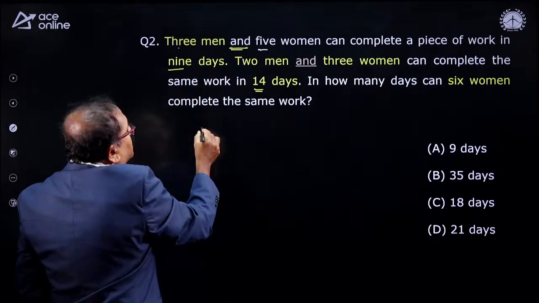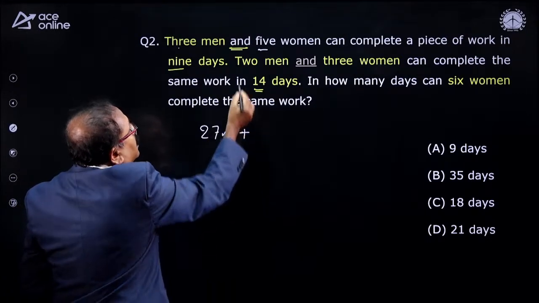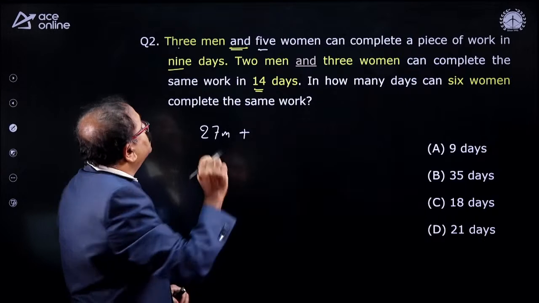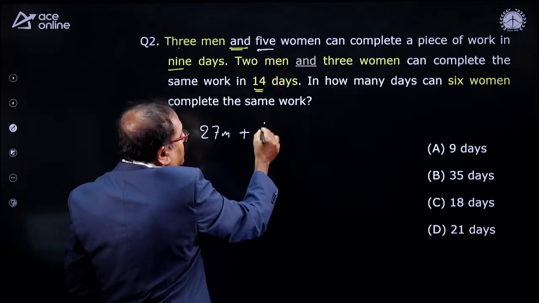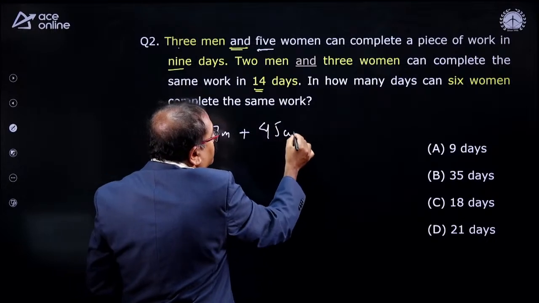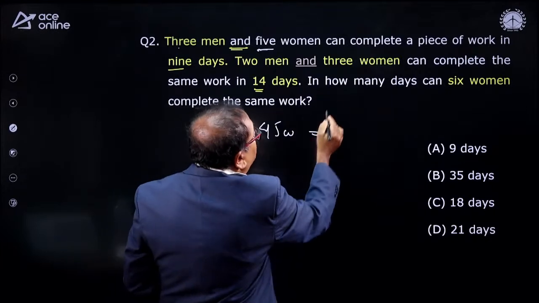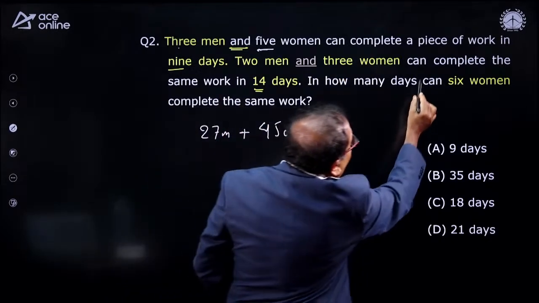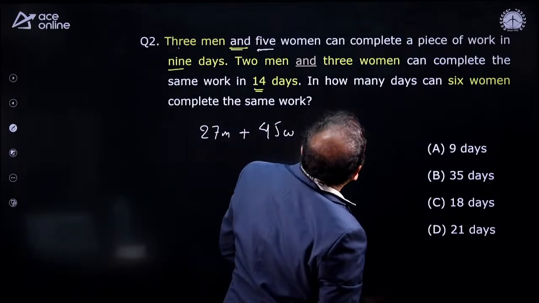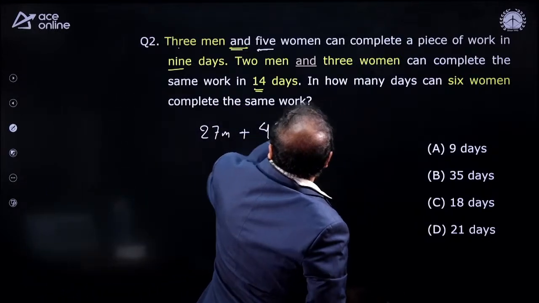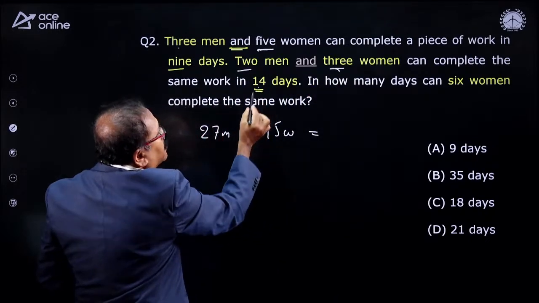So 9 into 3 comes 27 men plus, as it is, 5 into 9 is 45 women, and this is equal to another group: 3 men and 3 women. 2 men and 3 women can complete the work in 14 days.